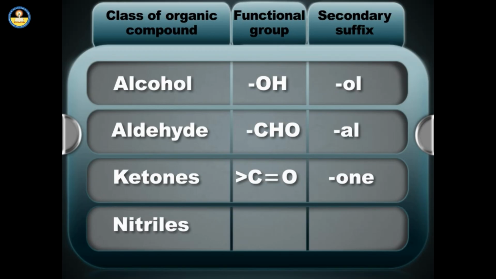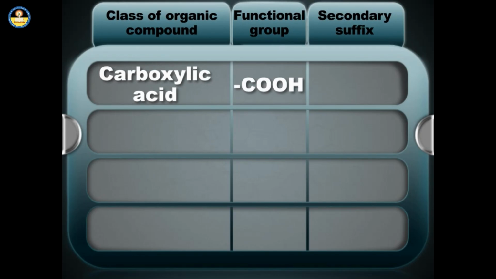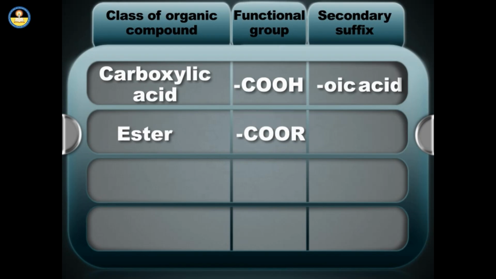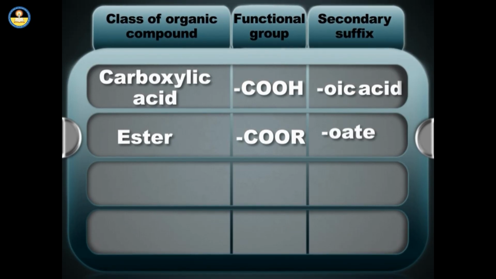For nitriles, its functional group is C triple bond N. Its secondary suffix is nitrile. For carboxylic acid, its functional group is COOH. Its secondary suffix is oic acid. For ester, functional group is COOR. Its secondary suffix is OH.